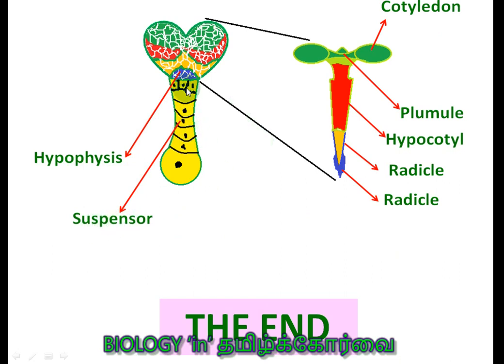This is the suspensor. The hypophysis is going to become the root cap. Sorry, I labeled radical, but actually this is the root cap, and here is the radical, hypocotyl, plumule, and cotyledon. This is the way in which the heart-shaped embryo becomes the horseshoe shaped embryo, that is the matured embryo, and this is the way it appears in germination.